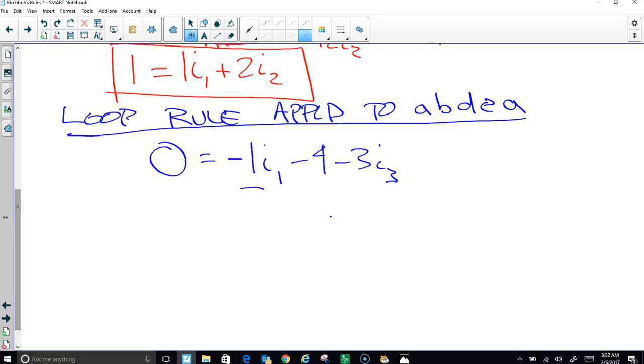In a similar fashion, I'm going to rearrange this one so that it has the constant on one side. So I'll do an intermediate step. If I add 4 on both sides, it's going to be positive over here, equals negative I1 minus 3I3. I'll leave it like that.